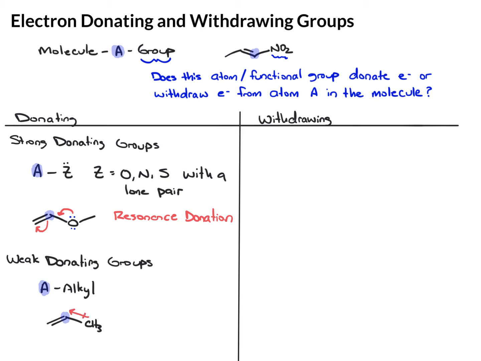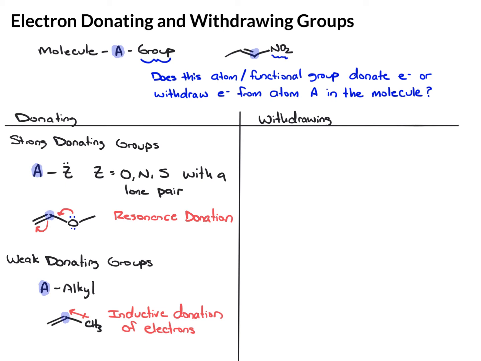And there's inductive donation to atom A. Here, this is primarily a hybridization effect. So effectively, the sp2 carbon is more electronegative than the sp3 carbon, and for that reason, electrons get pulled in this direction. So this is a slight donating group.